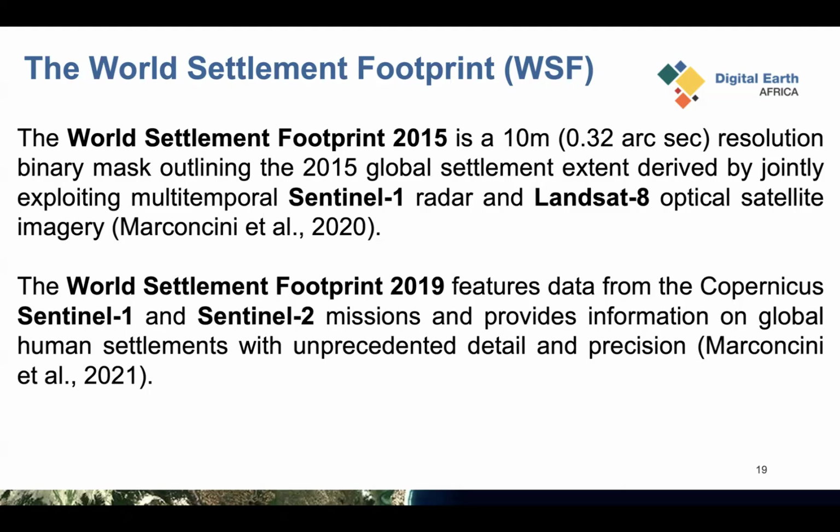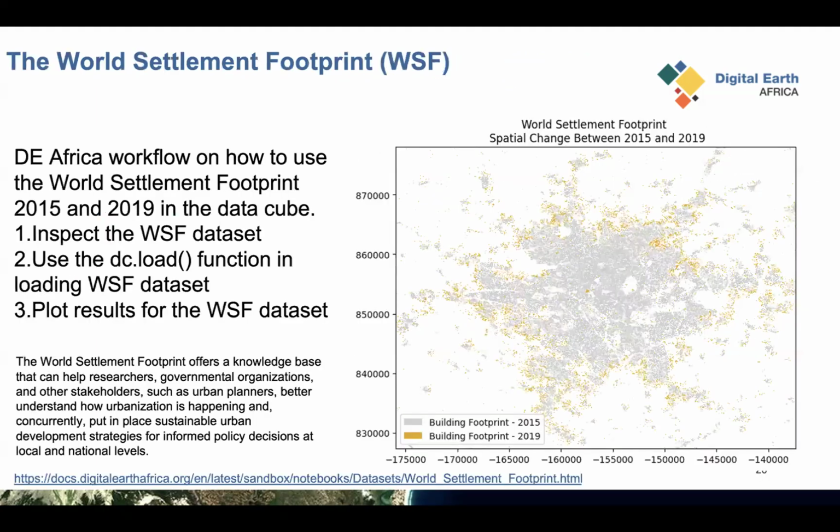And this one has been in quite some progression, especially the team at the German Aerospace Center who are doing this important work. And just to show you an example, we have these datasets, as well as a notebook which helps you do this particular calculation.